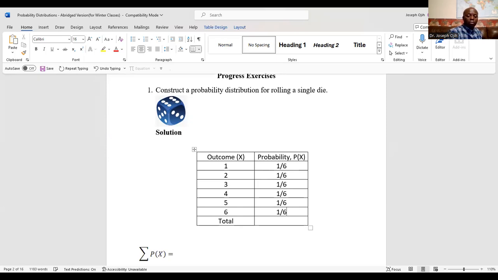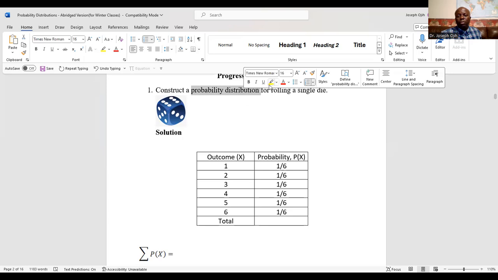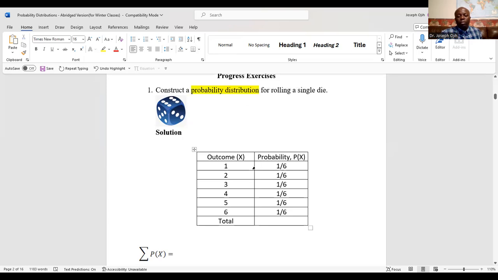And you are done. It is the outcomes and their corresponding probabilities that make up the probability distribution. Any question on that one?